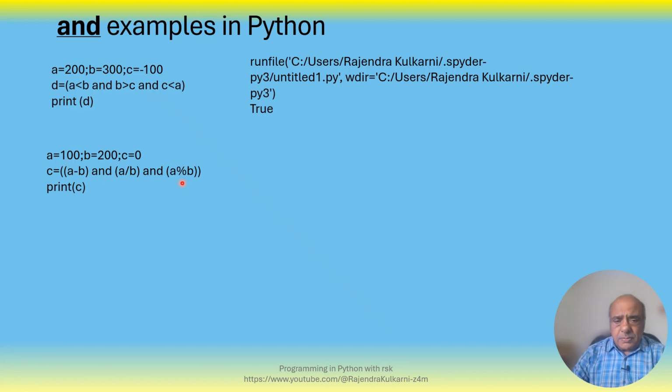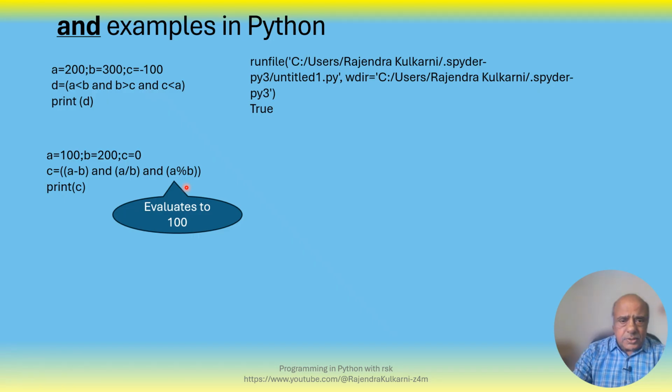So a mod b will evaluate to 100. When all the three values after evaluation of the individual sub-expressions are true because they are all non-zero, the output will be the result of a mod b, which is 100.